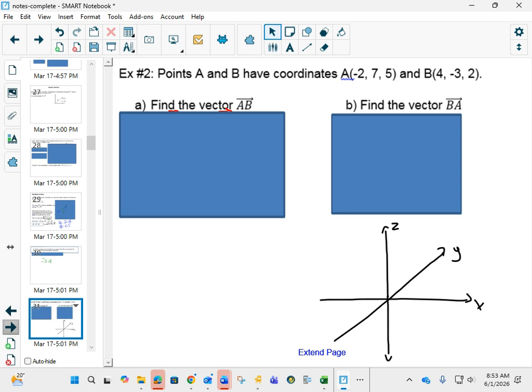Point A, I'll do all of my work in point A in blue. So -2 in the X direction, 7 in the Y direction, and then 5 up.